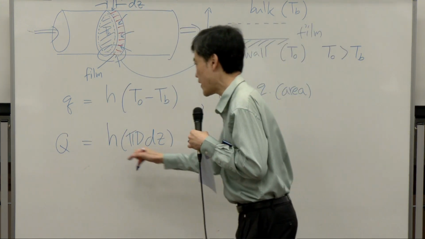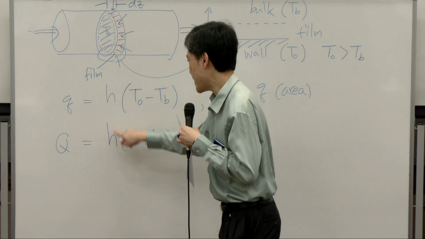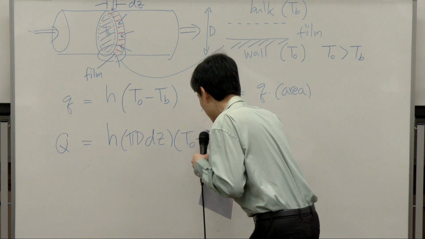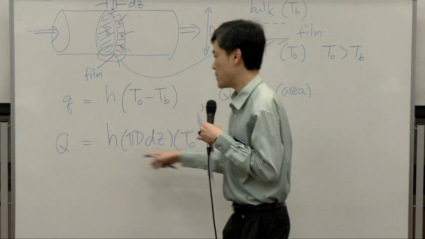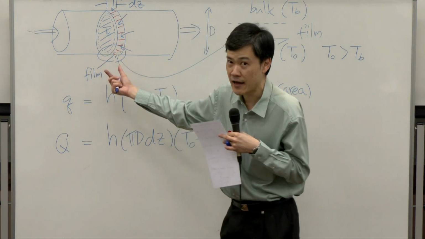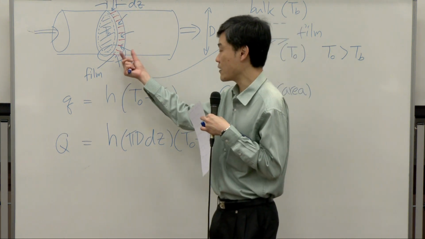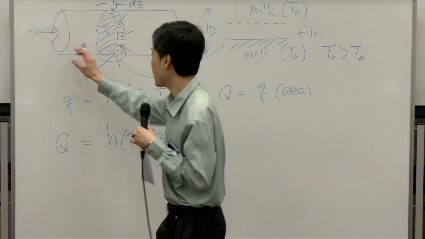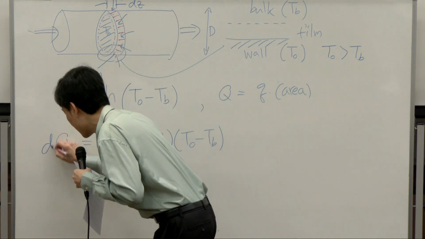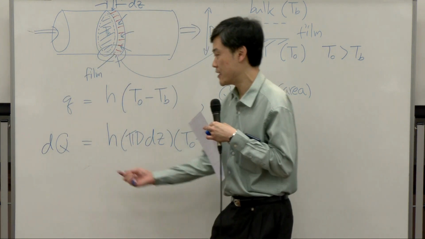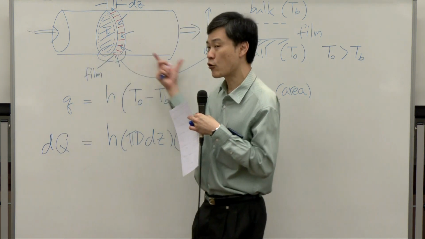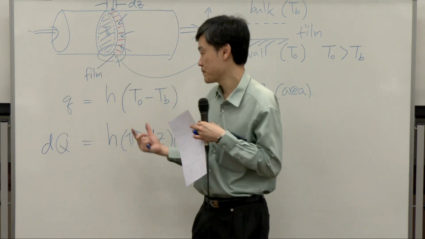Okay? So I have Q, which is H times delta T times the area. That would be my heat transfer into the slice. Of course, because the slice is so small, the Q would be a small part of the whole length. I put d here just to say that this is a differential part of the heat from the total pipe.